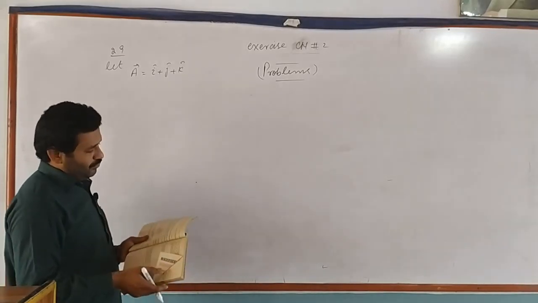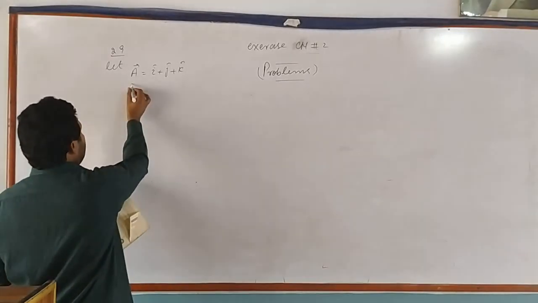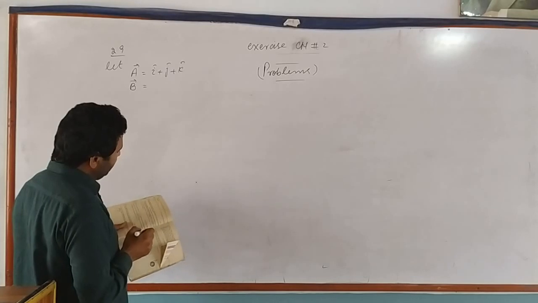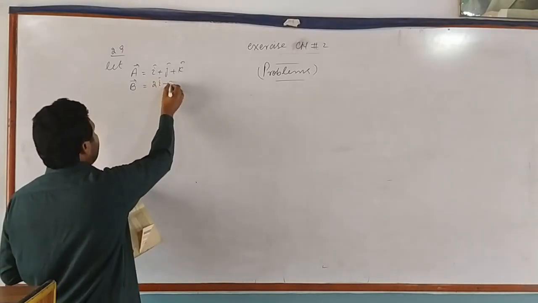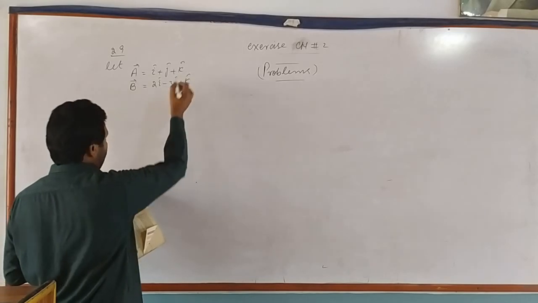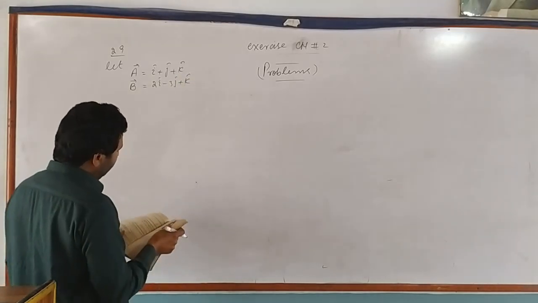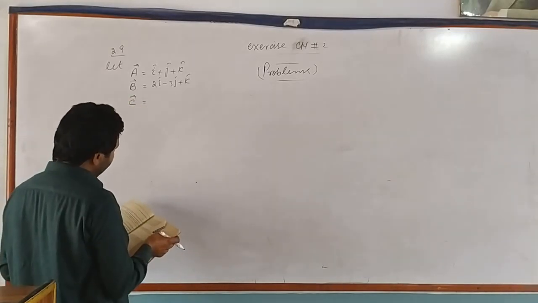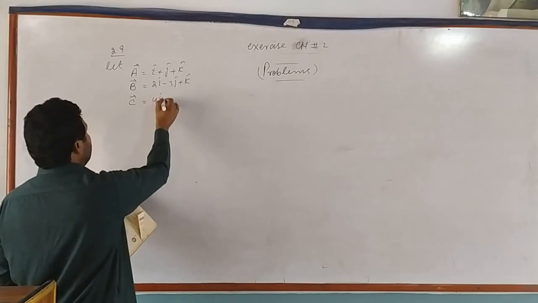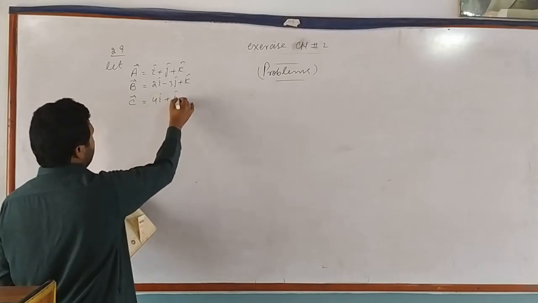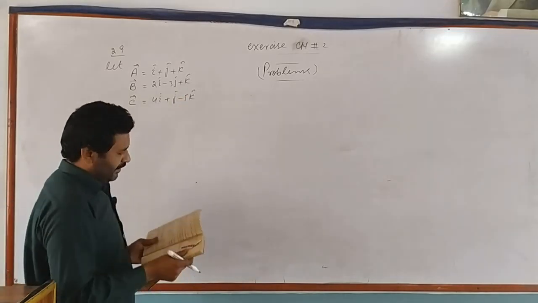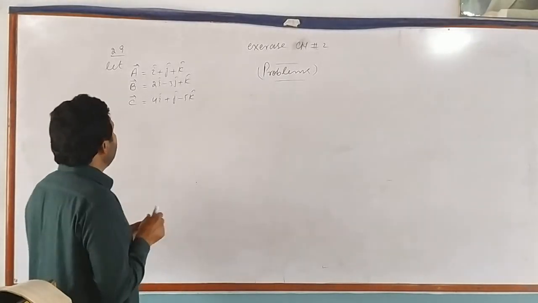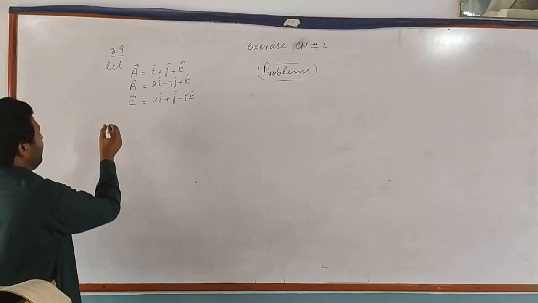Similarly, we also supposed a vector B with values 2i unit vector minus 3j plus k unit vector, and we have also supposed a vector C with values 4i plus j minus 5k unit vector. We have to prove these three vectors A, B and C are mutually perpendicular.